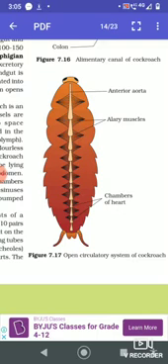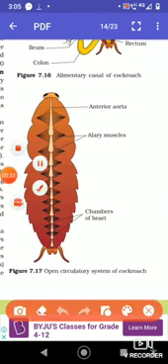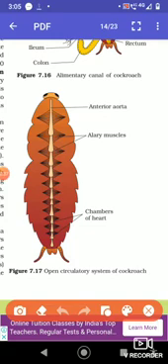with alary muscles. These are the alary muscles, and in this alary muscle you can see that all the muscles are going to combine together into a single point.